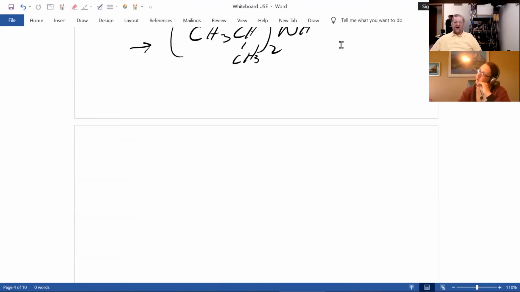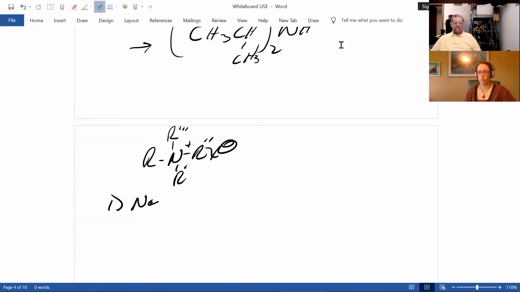Now, let's look at quaternary ammonium salts. One of these days, I'll have a slide, but if we were in the classroom, I'd be writing this on the board. Maybe next year.